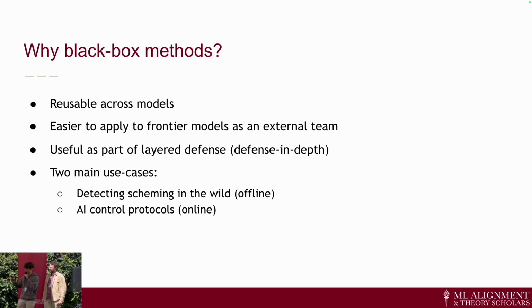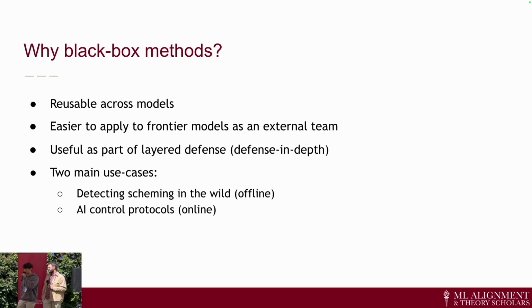And to make it more concrete, there are two main use cases. One is detecting scheming in the wild, where you have some offline data of your production traffic, and then you run a monitor across it. Maybe you get some signal on this behavior and see when it happens, why it happens, how often it happens, and then hopefully you can iterate on your safeguards and your detection methods and be more prepared for more dangerous cases of this.